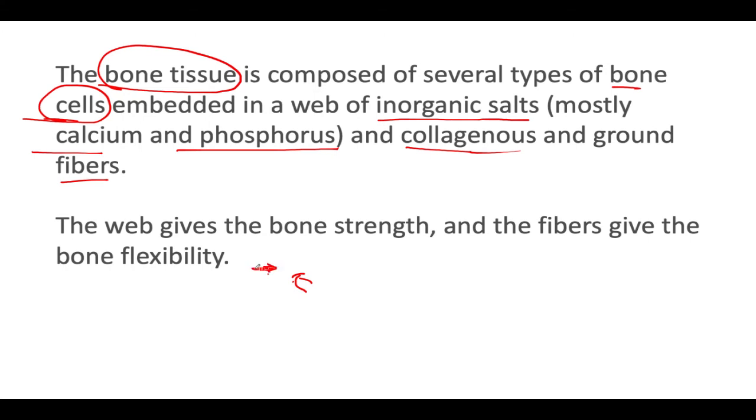And what creates that bone formation? That happens with the live cells. And live cells have within themselves collagen and other fibers functioning. And so the web gives the bone strength, and the fibers give the bone flexibility.